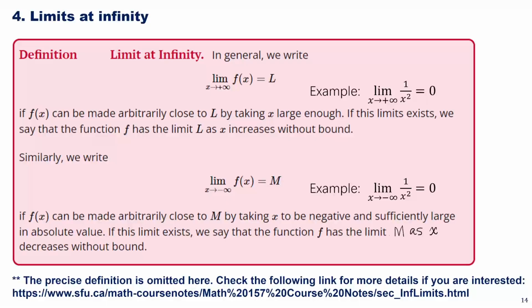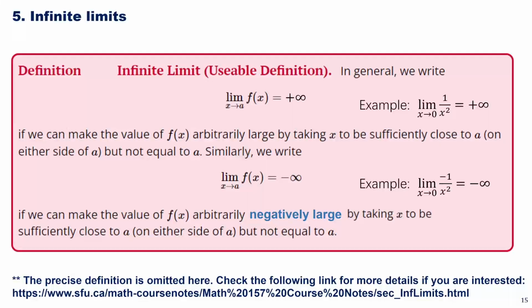And we can also define infinite limits like this. In general, we can write the limit of f(x) when x approaches a equals positive infinity if we can make the value of f(x) arbitrarily large by taking x to be sufficiently close to a on either side of a, but not equal to a.